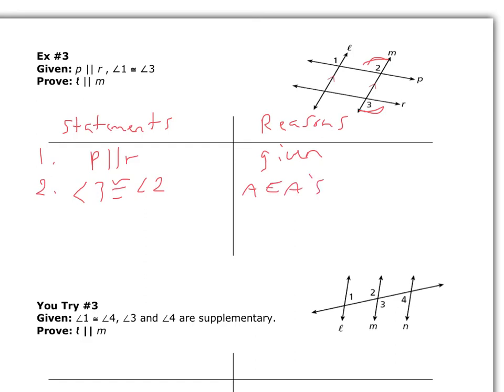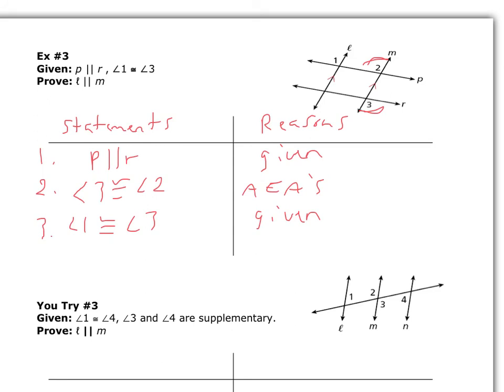Since you can say that, you can also say, and I could have put this in step 2, but I'll put it in step 3, that angle 1 is congruent to angle 3, because that's a given, and you could have put that in step 2, so it's fine. It doesn't have to go in the exact perfect order.